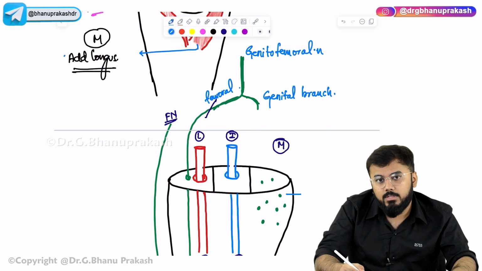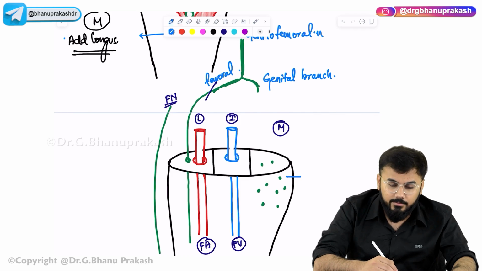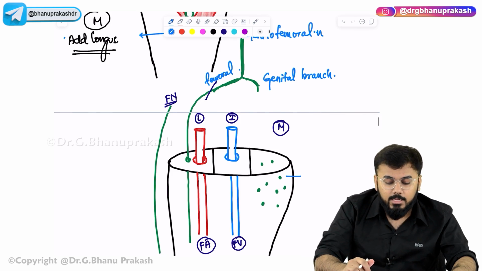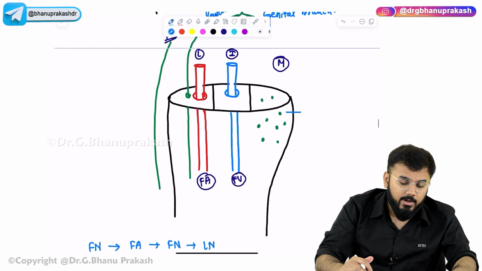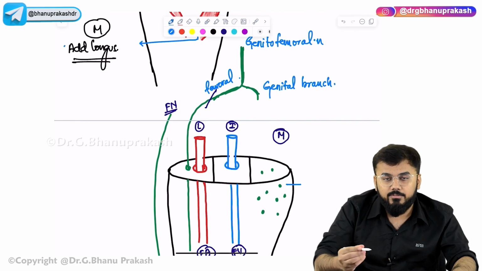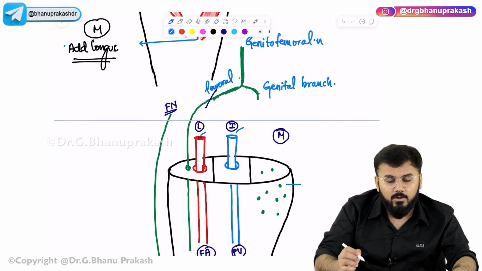Now what has to do with this femoral branch? This femoral branch passes down all the way along with the femoral artery. So if I ask you from lateral to medial, what are the structures that are located? One is your femoral nerve. Next you have the femoral branch of the genitofemoral nerve. Next you have the femoral artery. Next the femoral vein.